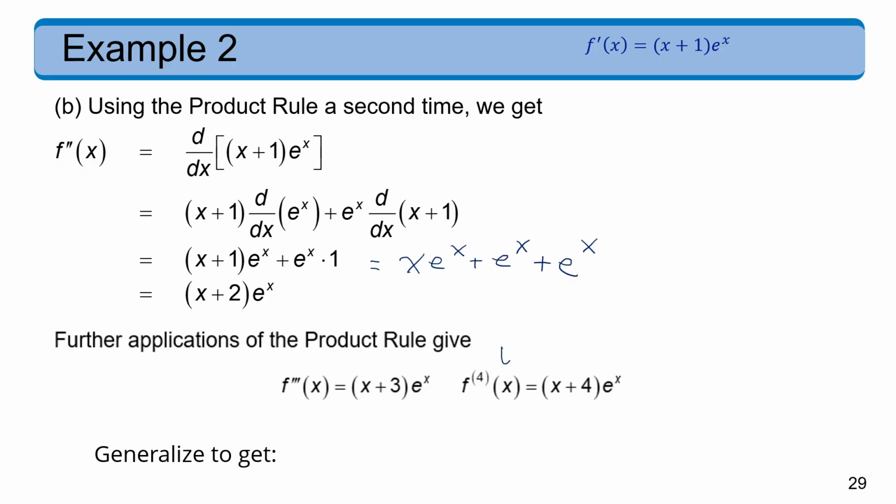Now I want to point out the notation. We could have called this f with 4 primes. But once you get to 4 or more primes, it starts to get to be a little too much to write those individual primes. So this is now rewritten. An alternate notation is to put the superscript 4 in parentheses. That means the same thing as an f with 4 primes, right?